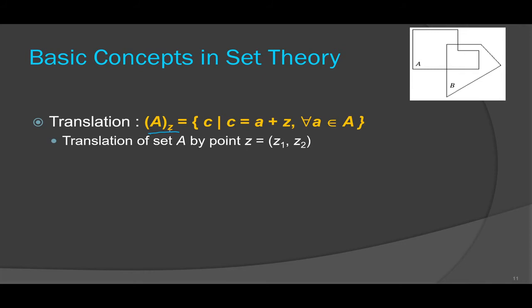This is the set of elements C such that C is A plus Z, for all the elements A that belong to my set capital A. So this is the translation of set A by point Z, and this point Z is described with two coordinates Z1 and Z2.